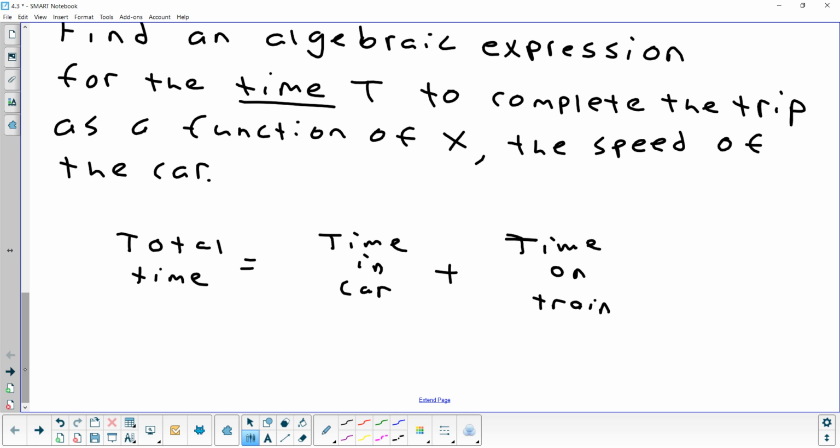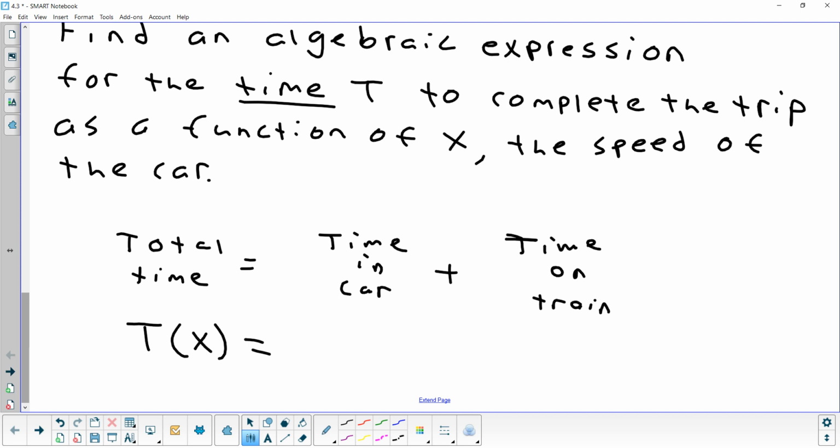That's the big picture idea of what we're trying to figure out. They told us to use capital T, and we're going to write time as a function of x, where x represents the speed of the car.